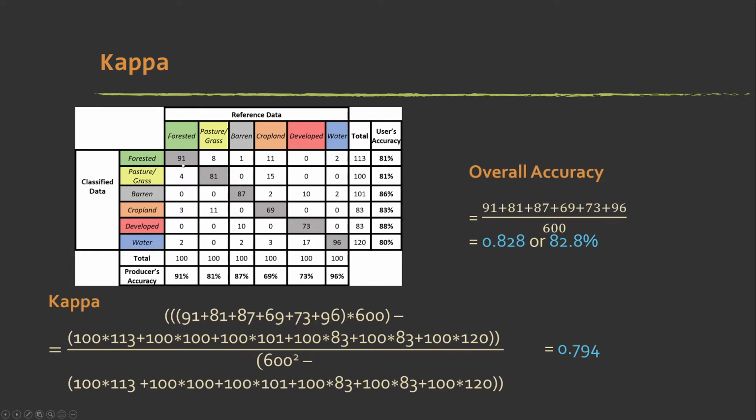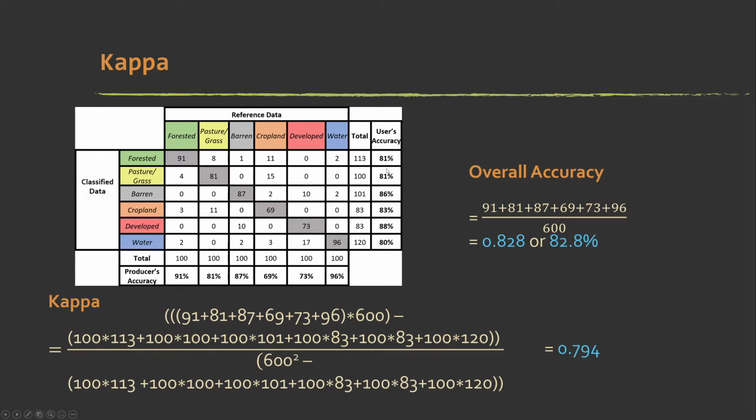These ones were correctly put in the forest class, whereas these ones were omitted from it. So this is the omission error: 91 divided by 100, 91%. And then for commission error, these samples were incorrectly put into the forest class. So it's commission, right? We'll take 91 divided by 113, the row total, 81%.